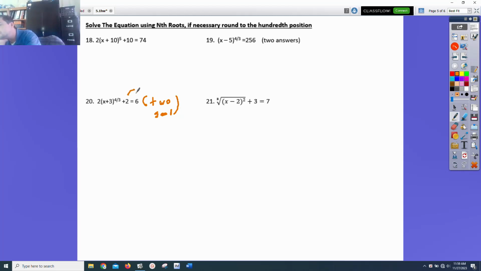I'm going to subtract my 2 because that's easy, and I can do that. I teach by doing easy things first. I'm going to divide out that 2.